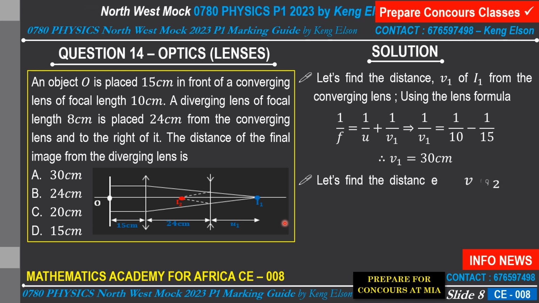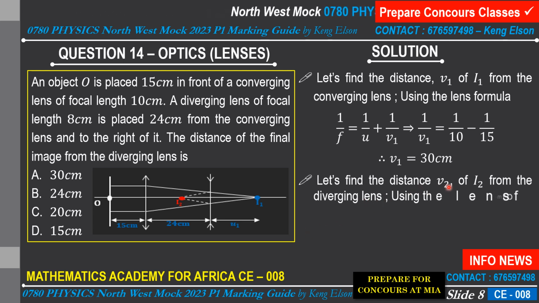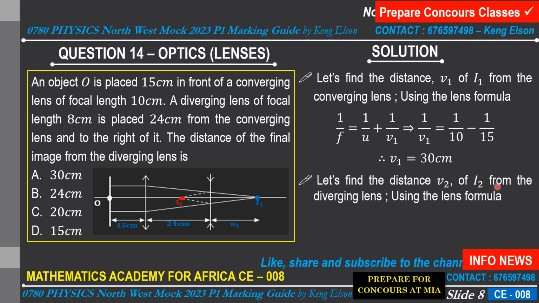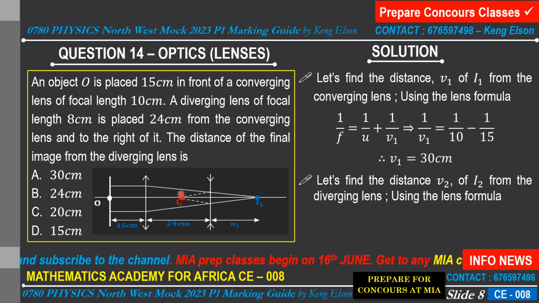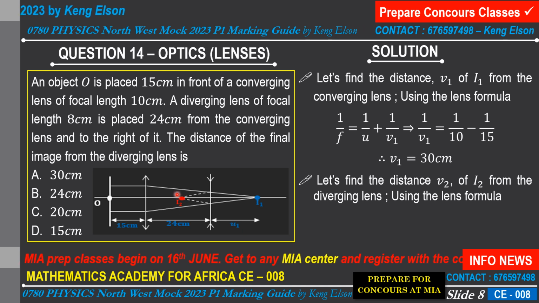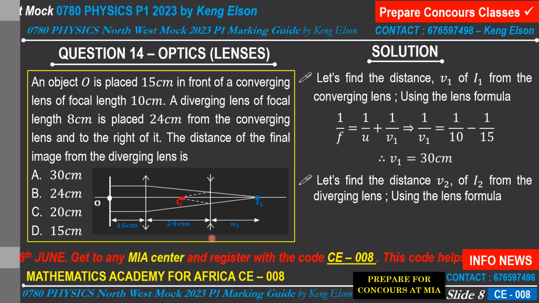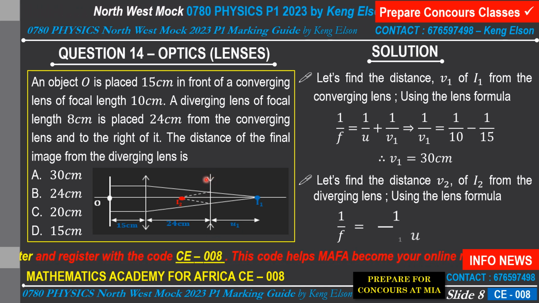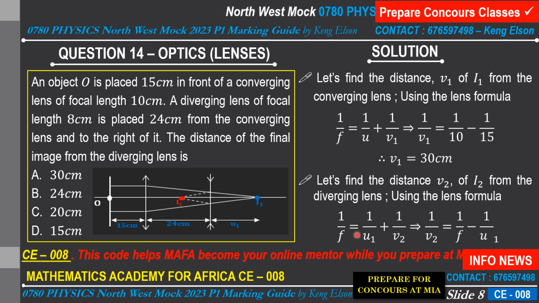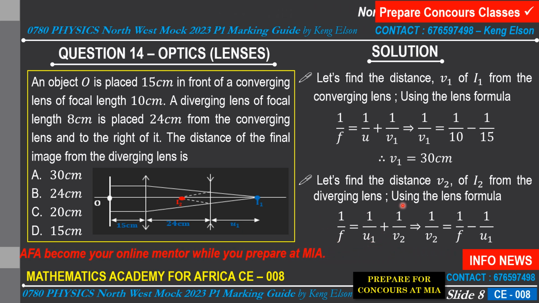Now, next we are going to find the distance V2 of I2 from the diverging lens, still using the lens formula. So I'm now going to find the distance of the new image from the diverging lens. Still using my lens formula, 1/f will be equal to 1/u1 plus 1/v2.